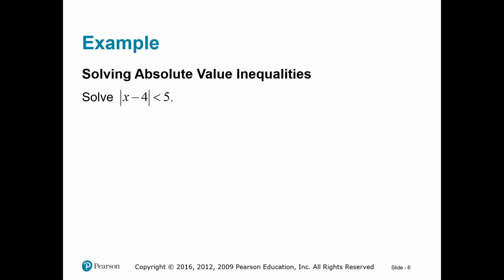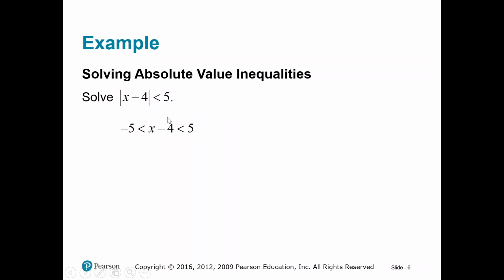Now let's solve absolute value inequalities. We have the absolute value of x minus 4 less than 5. Once again, we have to split into two parts. Or in this case, we can put it into one part.